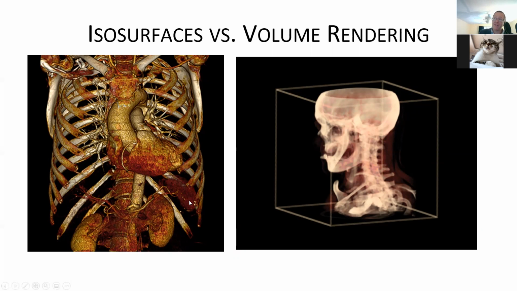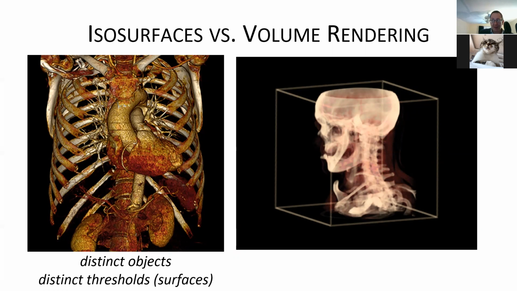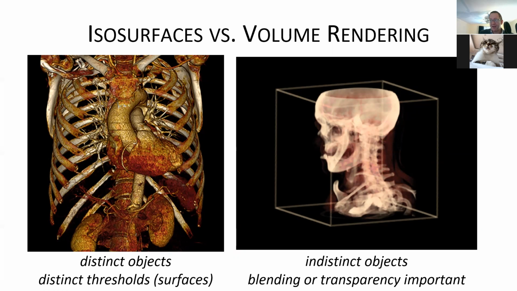So here, if I want to see individual components, isosurface. If I want to get a sense of the entire patient all at once in that area, volume rendering. Distinct object, distinct thresholds. They give you surfaces. The blending and transparency gives you some information that you wouldn't have otherwise. Like you have some kind of injury in your spinal cord right around here.